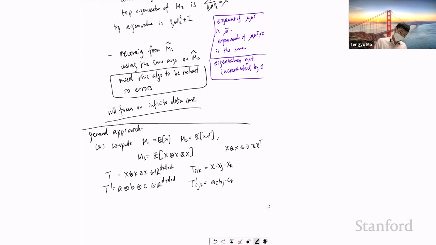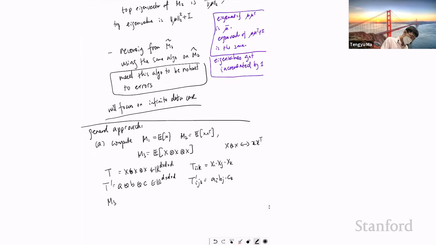So if you look at the ijk entry of M3, it is the expectation of xi times xj times xk. Basically every entry of this third order tensor M3 is the expectation of the product of three coordinates of the data. And you can do this even for M4 or M5, and so on and so forth.